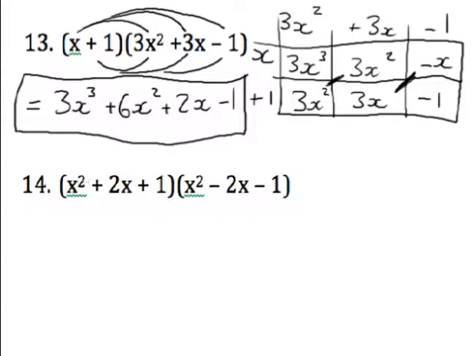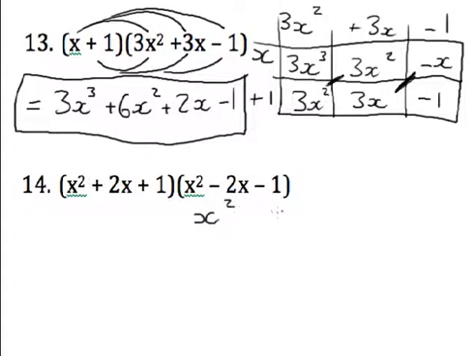To do this one, we have a 3-term expression, a trinomial multiplied by a trinomial. Again, I will write one of them along the top. It doesn't matter which one we go with. This time I can write this first expression along the top.